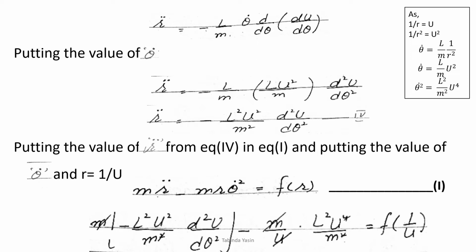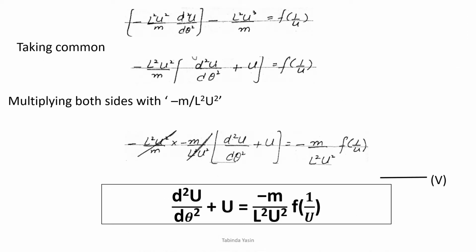So the equation left will be written as minus L square u square over m d square u over d theta square minus L square u cube over m is equal to f of 1 over u.